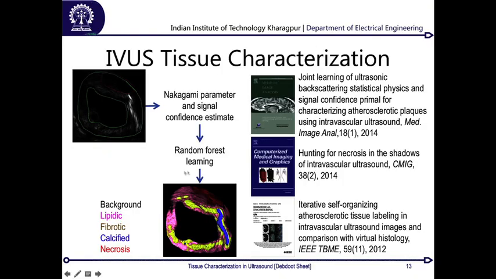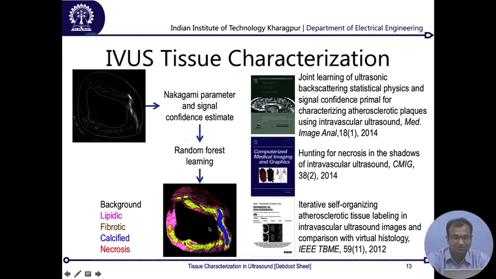But these are no more features in terms of textures, co-occurrence matrices or local binary patterns; these are features in terms of estimators which have a basis in the statistical mechanics of ultrasound, and using all of those features we train a random forest so that it can do a very good estimation.